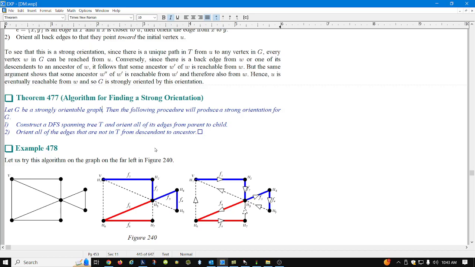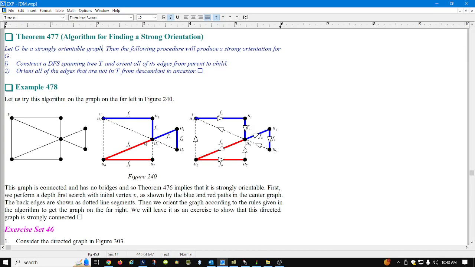And that's what we just got through explaining will give a strong orientation. So here's an example. A graph here, strongly orientable. It is connected and has no bridges. So we know it's strongly orientable.